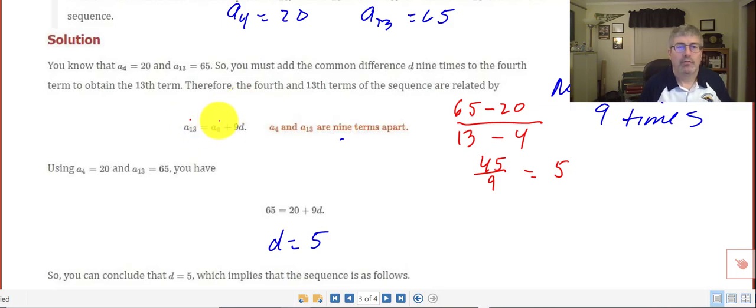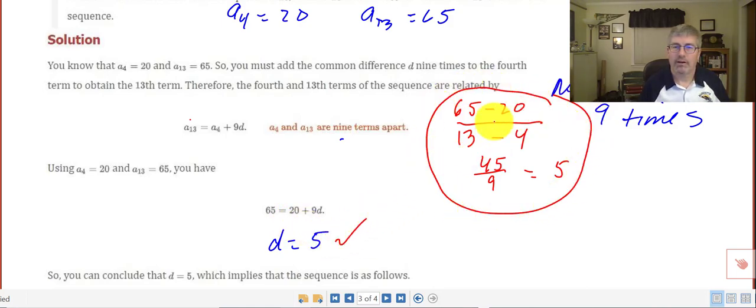So we get a sub 13 equals a sub 4 plus 9d, because we need to cover the difference 9 times. 65 equals 20 plus 9d. Subtract 20 from both sides, divide by 9, and we get d equals 5. Or, as we've done over here, 65 minus 20 divided by 13 minus 4.